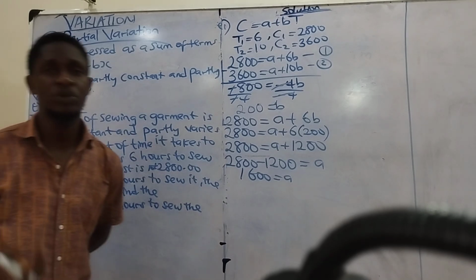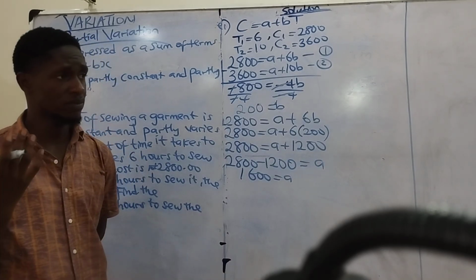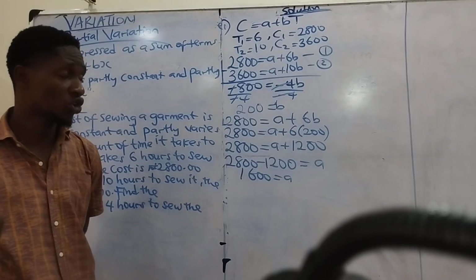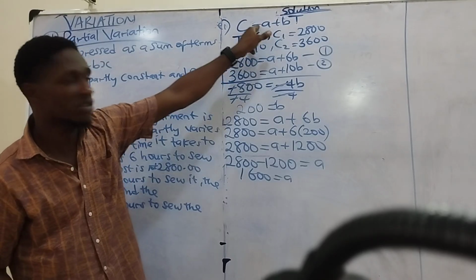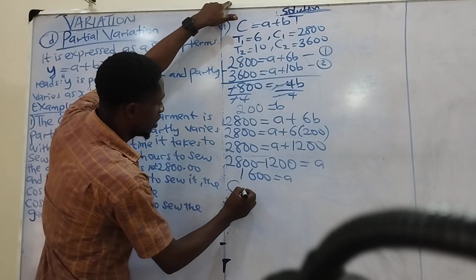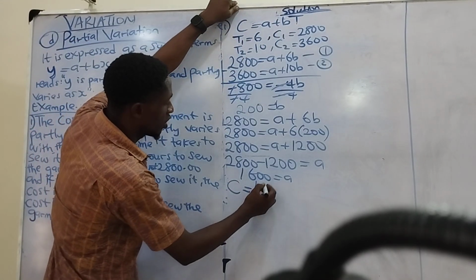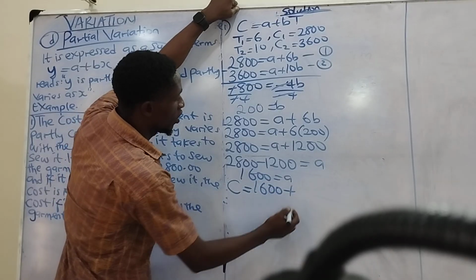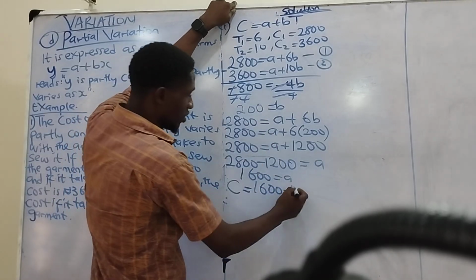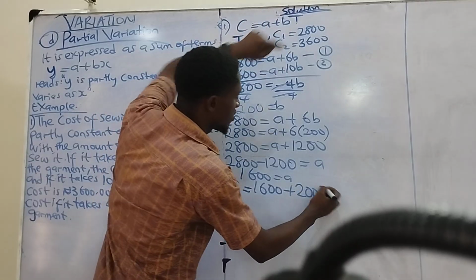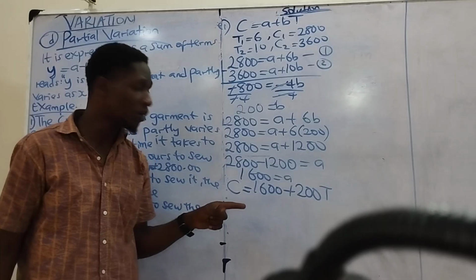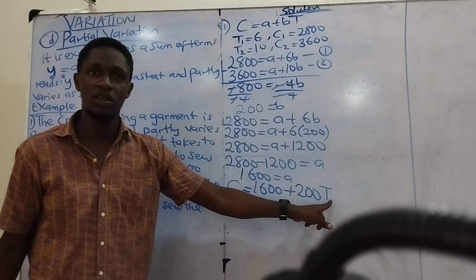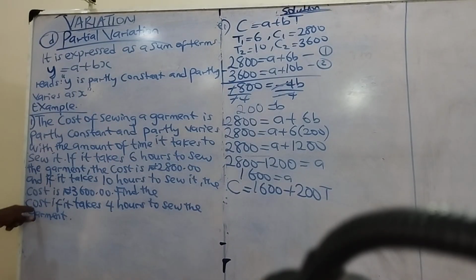Then, as in our previous video when we discussed direct, inverse, and joint variation, once you get the constants, you go back to the formula and replace them. So we have C is equal to our A is 1,600 plus our B is 200 times the time T. This is the relationship or the formula between the cost and the time. Find the cost if it takes 4 hours to sew the clothes.